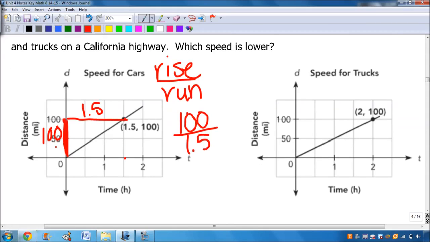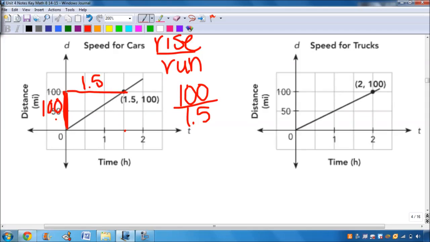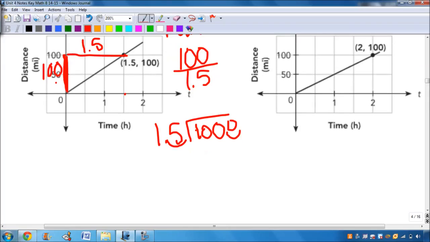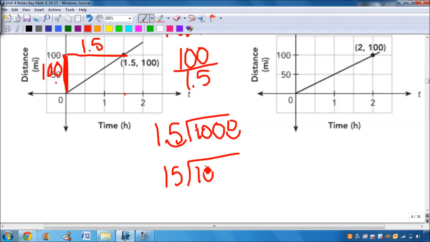Now let's figure out what 100 divided by 1.5 is. So I'm going to figure out how many times 1.5 goes into 100. Well, I have to move this over once, so I have to move this over once. So it really turns into 1,000 divided by 15. So let's figure this out. 15 doesn't go into 1, it doesn't go into 10, but it does go into 100, and it goes into 100 6 times. 6 times 15 is 90, okay?